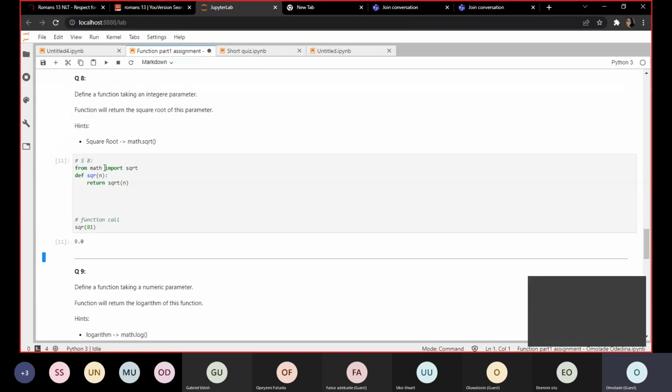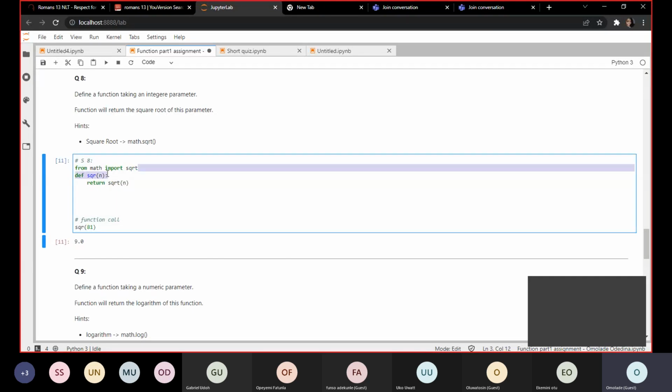Okay, all right. So either you do import math, just math. Why I prefer this particular method is that if you do import math, that means everywhere, maybe you have a very long code to write.